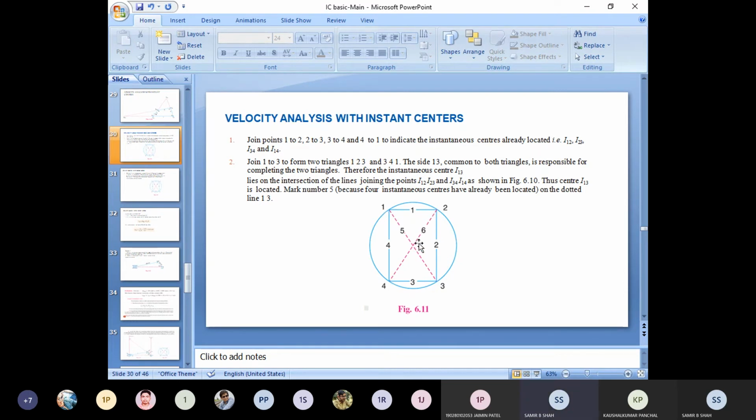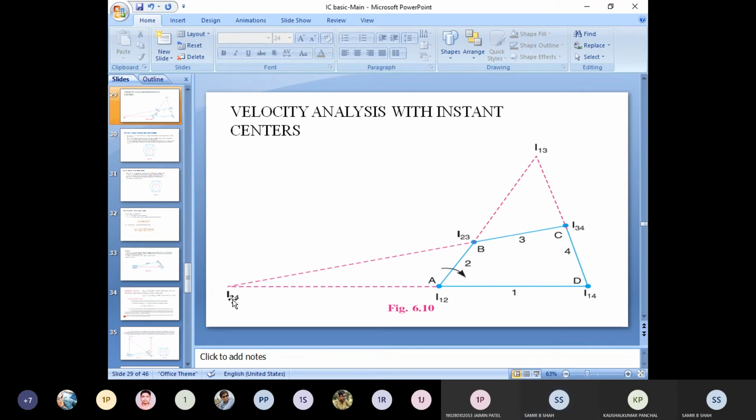The side 2, 4 is common to both triangles, which is responsible for completing the 2 triangles. Therefore, the center I24 lies on the intersection of the lines through I23, I34 and I12, I14.